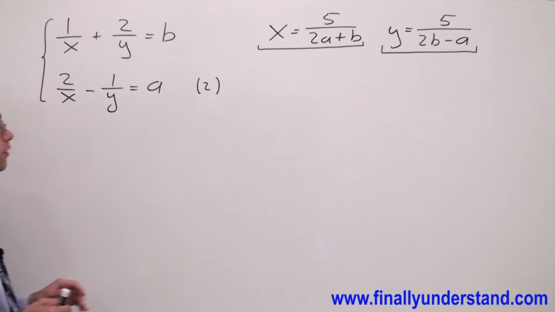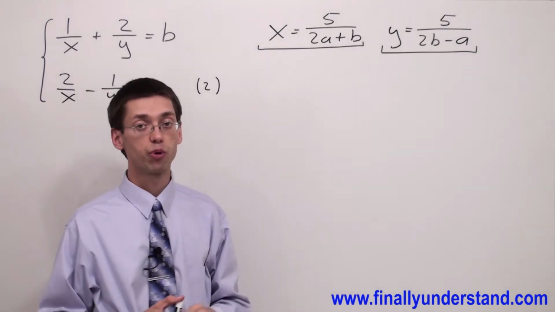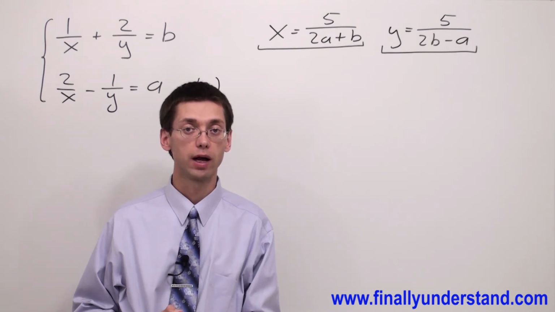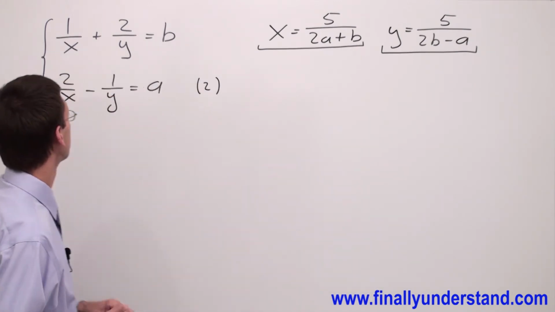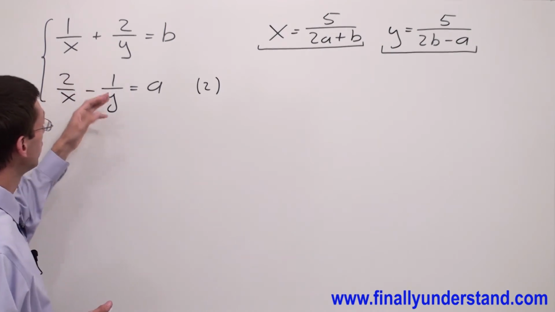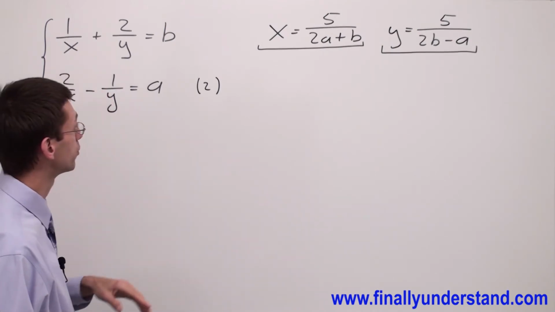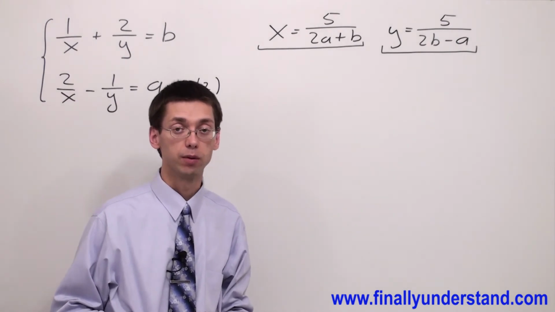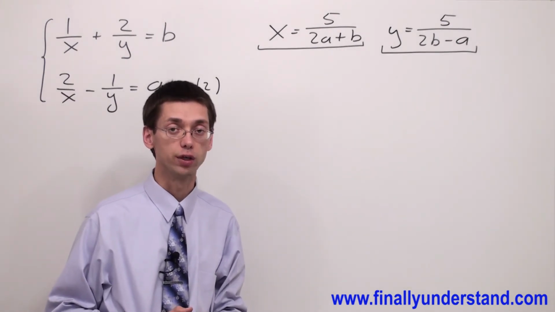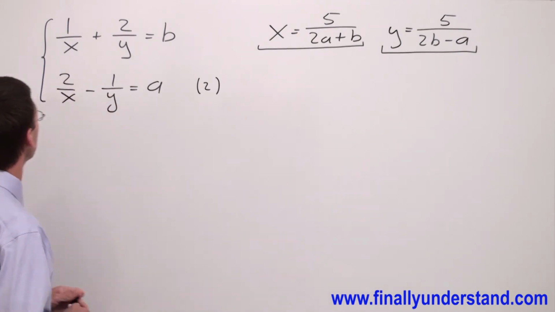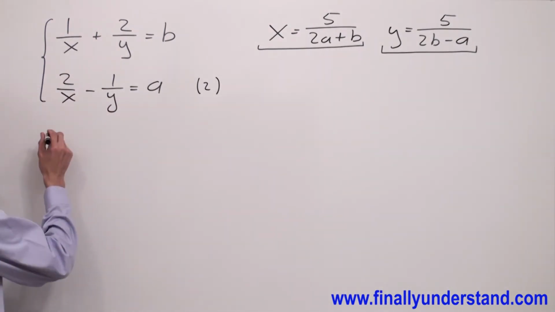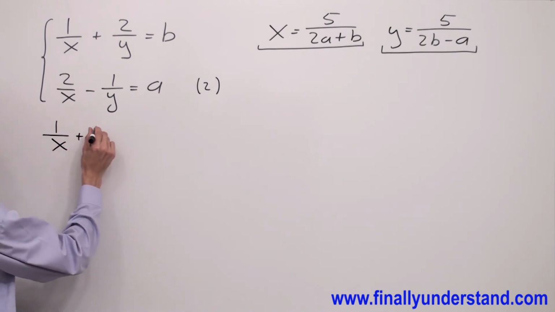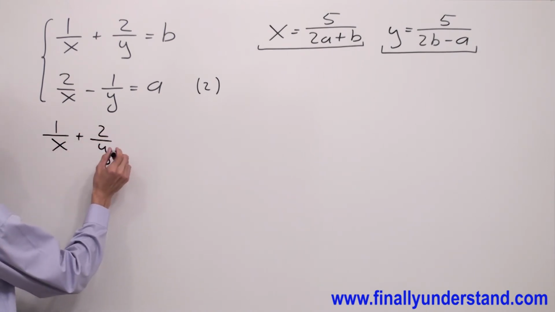Now we're supposed to verify if these two expressions are correct answers. So we're supposed to substitute every x and every y in these two equations by these two expressions. Remember, you have to always verify two equations. So we have the first equation, 1 over x plus 2 over y.